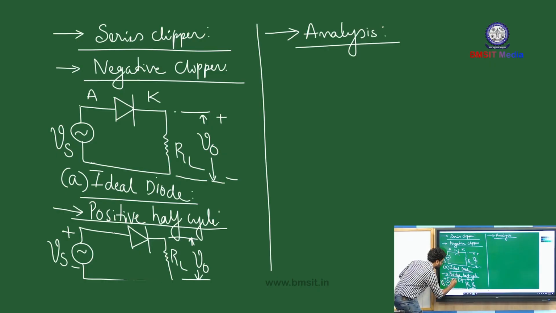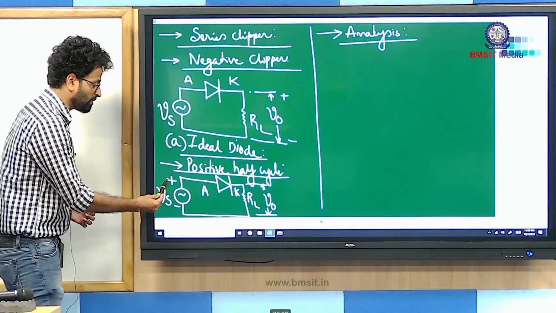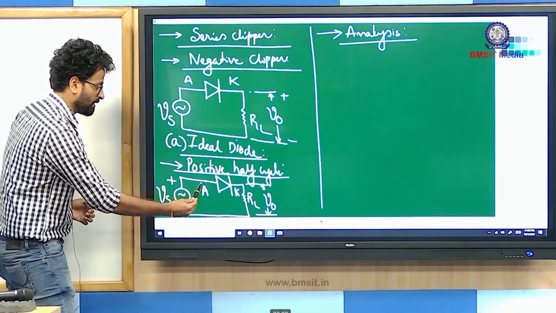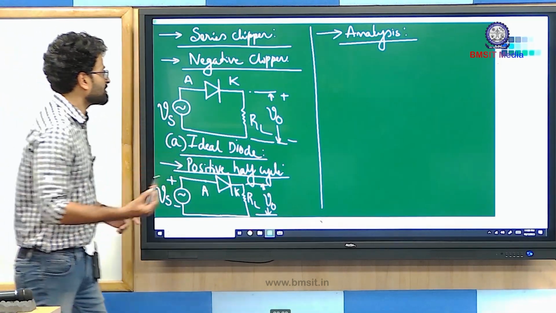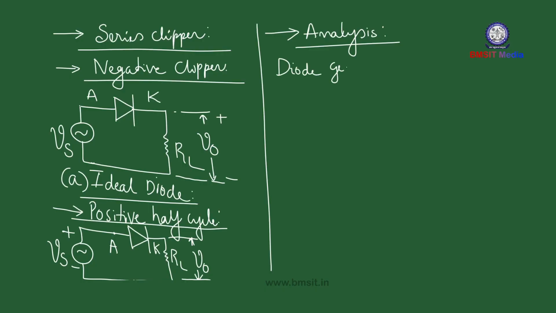If we look at the diode working, you can clearly observe that whenever the positive terminal of the source is connected to the anode, we say the diode is forward biased. So for the positive half cycle, the diode gets forward biased.